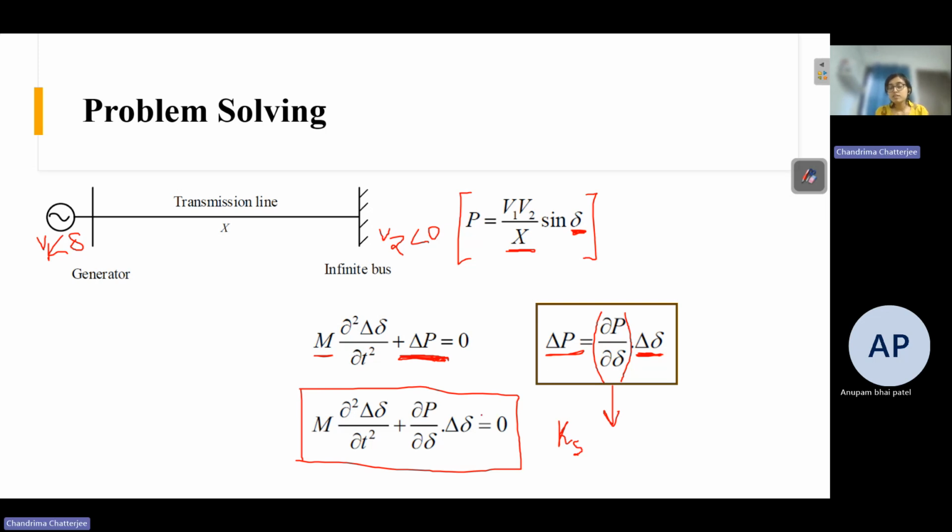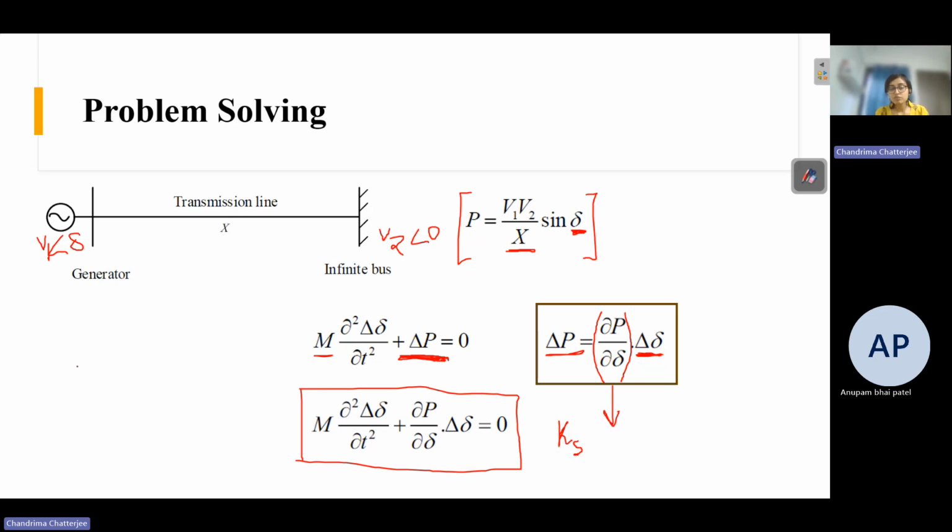Now, when this coefficient is positive, we get two solutions which are imaginary.